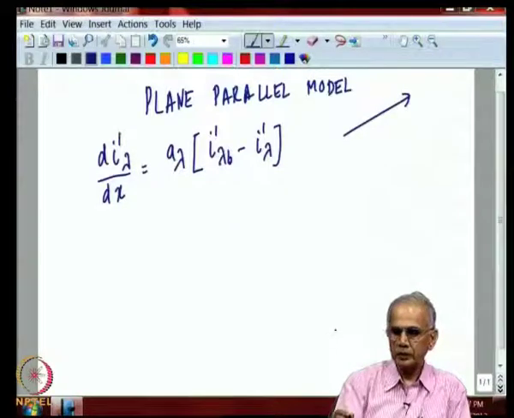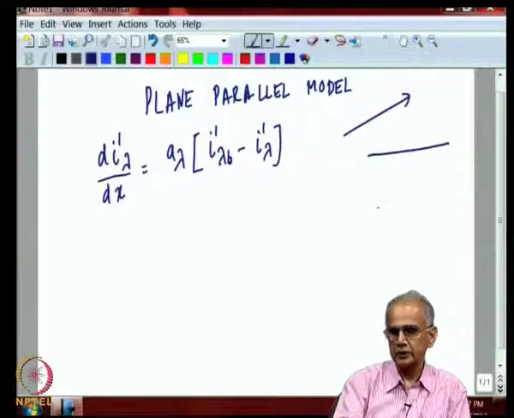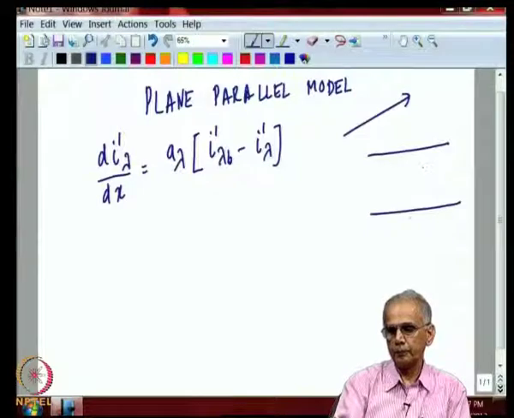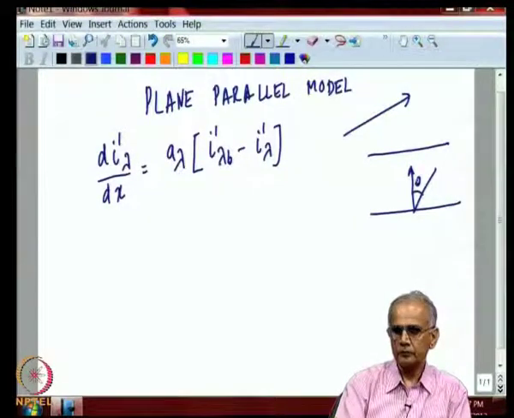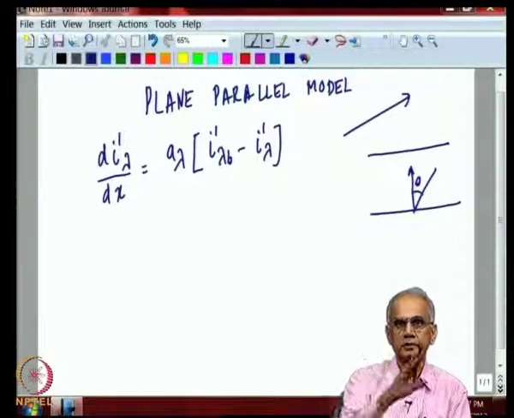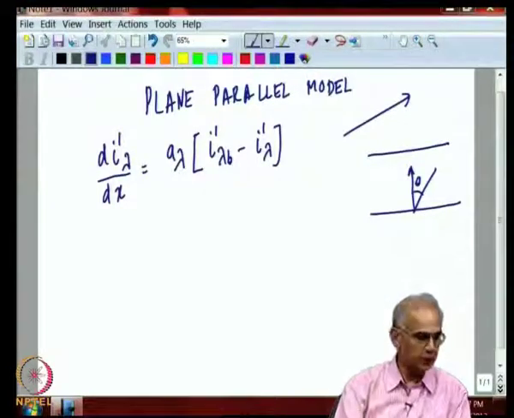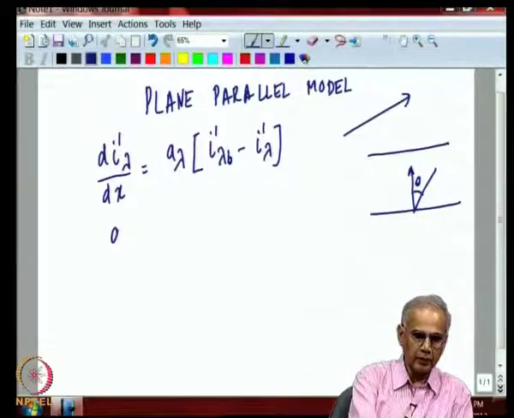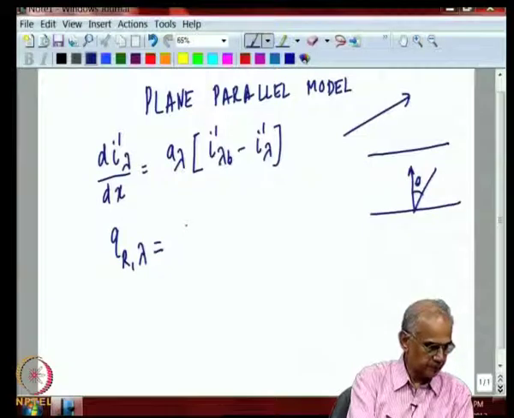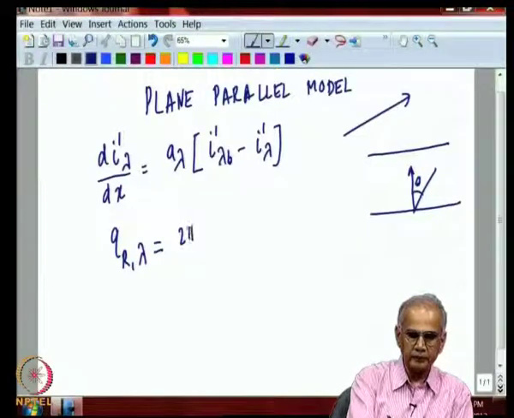But we are interested in fluxes, not intensities. So, we took a plane parallel model and we defined a normal and we looked at the angle theta. We assume everything is symmetric with respect to phi, the azimuth angle, and hence we from here related the intensity to flux by the following relation.